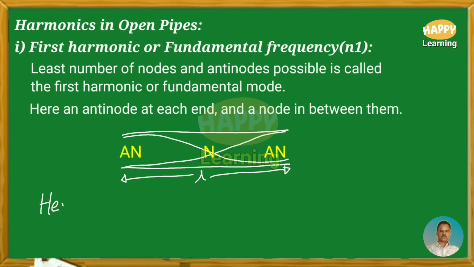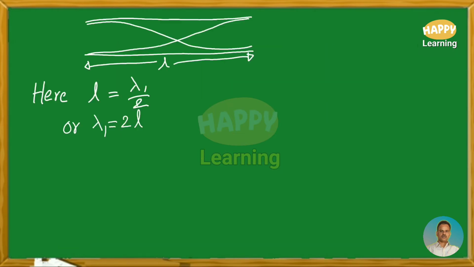Here the length of the tube L equals lambda 1 by 2. First harmonic, so using symbol L, lambda 1, half loop plus half loop together equal one loop. Its length is lambda by 2, or lambda 1 equals 2L. Let V equal the velocity of sound.